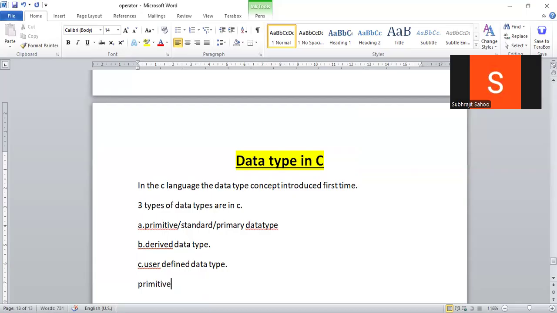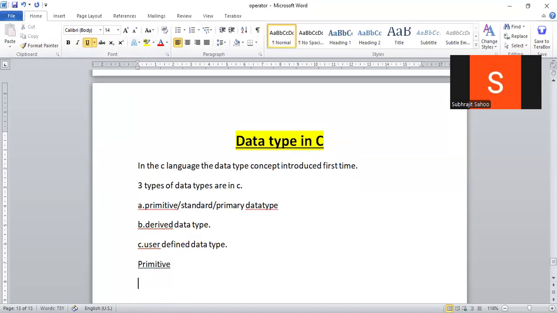In the primitive data types, the first one is character, integer, right?